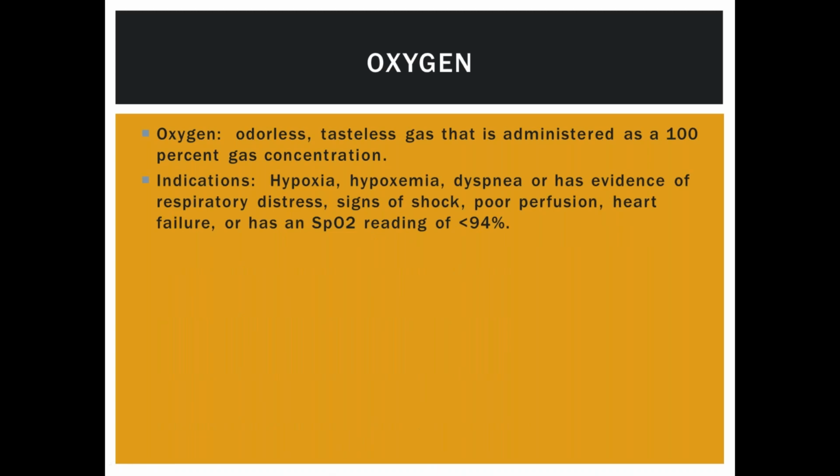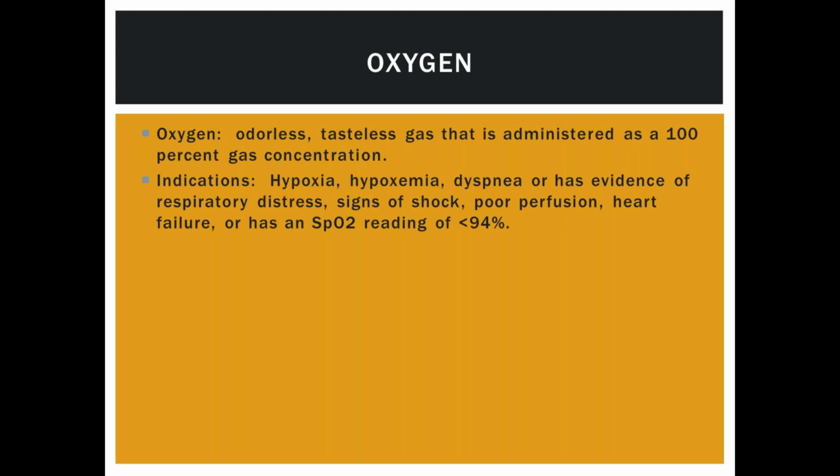Now, what we use oxygen for: hypoxia, hypoxemia, so dealing with low oxygen content within the system, where it's not able to go through the capillary beds and actually bind to that patient's red blood cells and then bind to the cells. Dyspnea, that's going to be our difficulty breathing with evidence of respiratory distress.